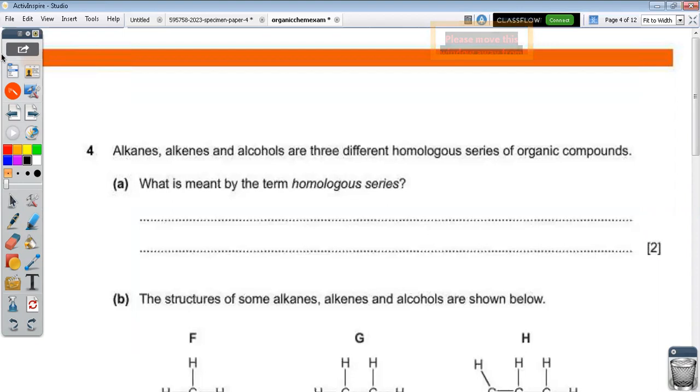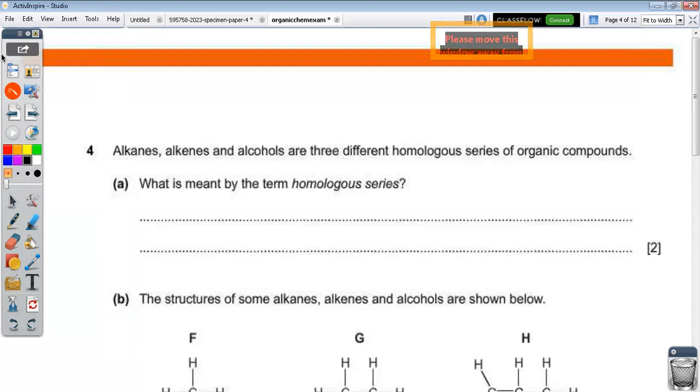Would you say similar compounds with similar chemical properties? Maybe. Someone wants to try to define homologous series? Is it a group of organic compounds of the same functional group and similar chemical properties?